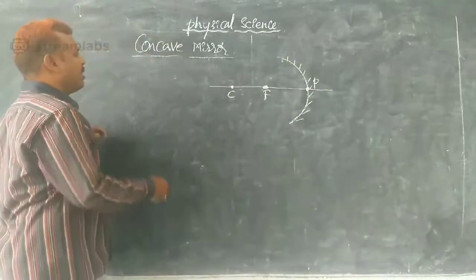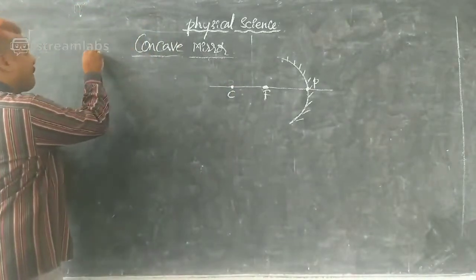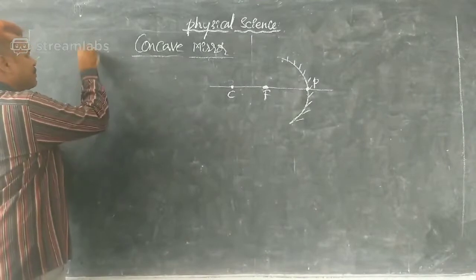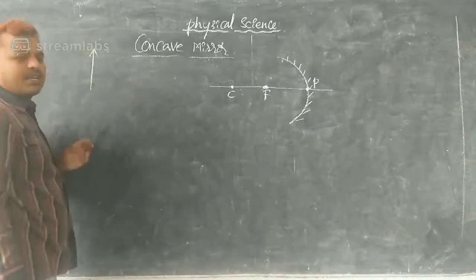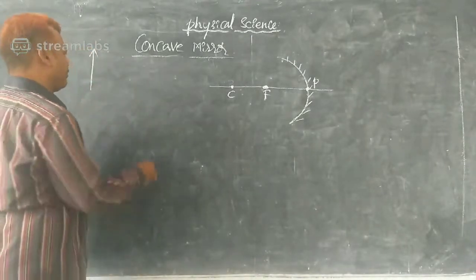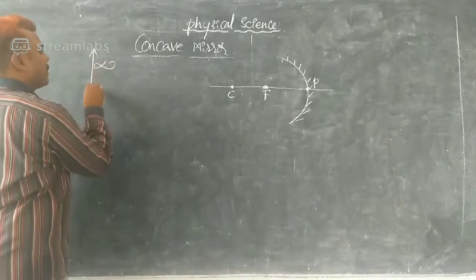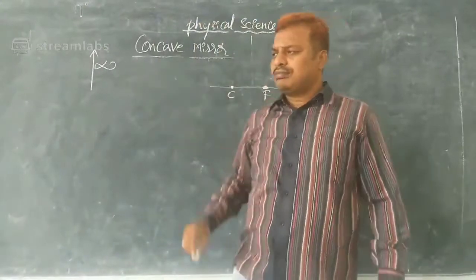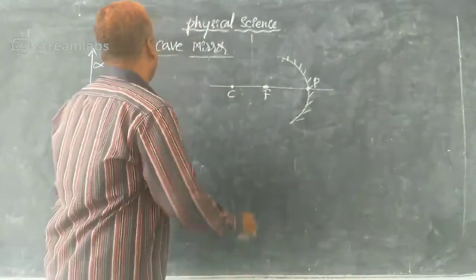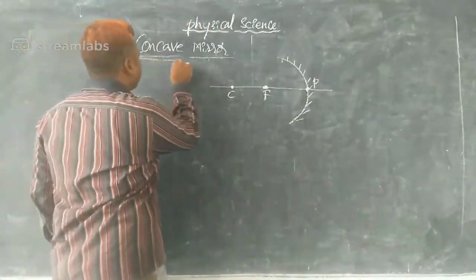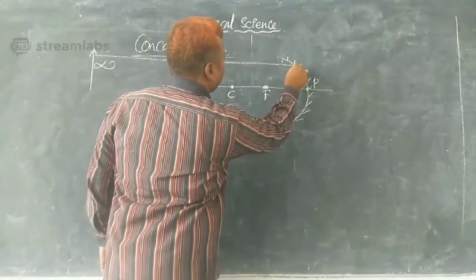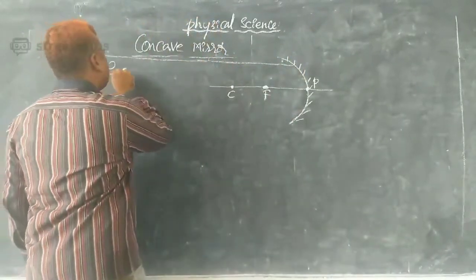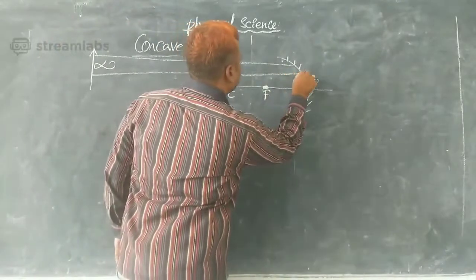Then when I place the object somewhere at infinity, so infinity symbol, from there light rays are coming and falling onto the surface.